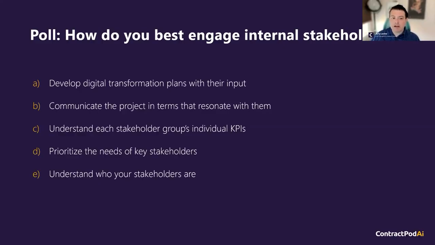B, communicating the project in terms that resonate with them? C, understanding their individual KPIs, their individual key performance indicators, prioritizing their needs? Or E, understanding who they are? I'll give everyone a moment for that. And while you're answering that, we'll give you about a minute.